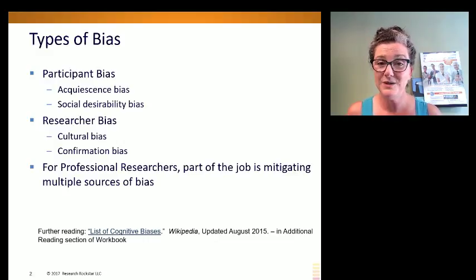We tend to see what we hope to see in our data. So if I've got a really strong hypothesis, even as an objective researcher, I can't help but try to confirm my hypothesis. It can be harder for me to reject a hypothesis of my own. So we know that we tend to see in our data things that confirm our personal points of view and hypotheses before we see things that may not confirm that.